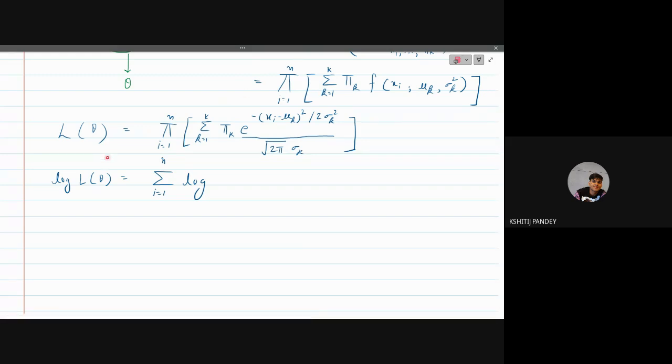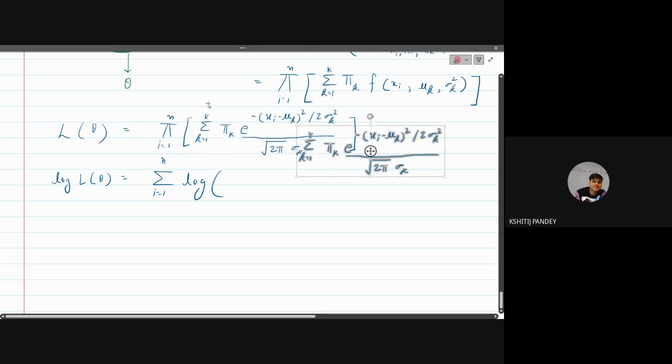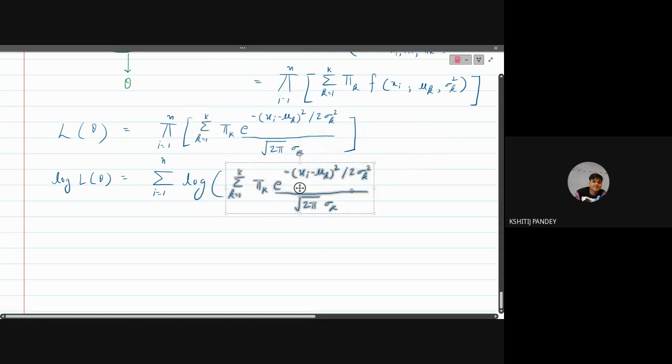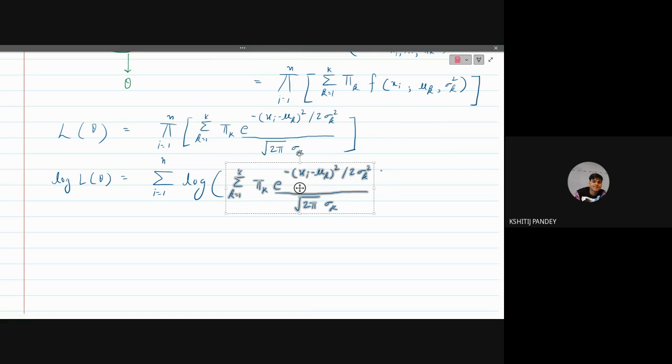Once you take log over it, the product becomes summation, and you are left with all this inside log. Inside log you have the same thing, so I'll simply copy it.